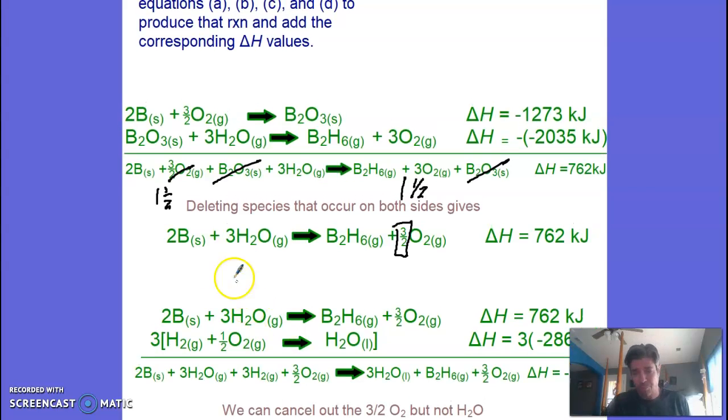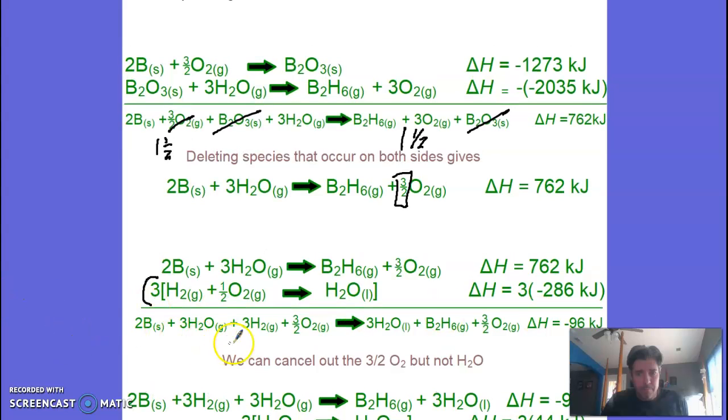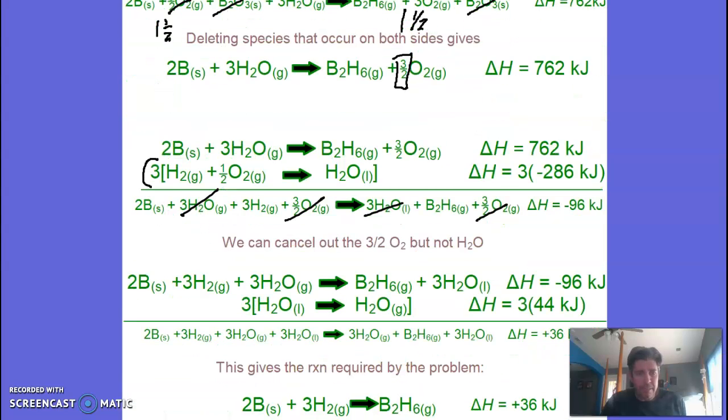So we're going to multiply the reaction C by 3, giving us 3/2 oxygen, so that'll cancel out there, and giving us 3 water molecules here. So you can see on both sides we have 3/2 oxygen. Get rid of those. We have 3 water molecules. We can get rid of those. We have 2B, 3 H2s, B2H6 with our new enthalpy.